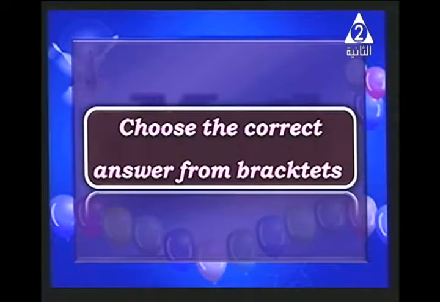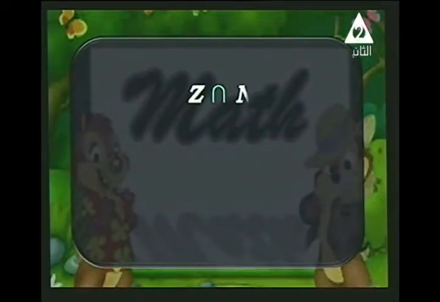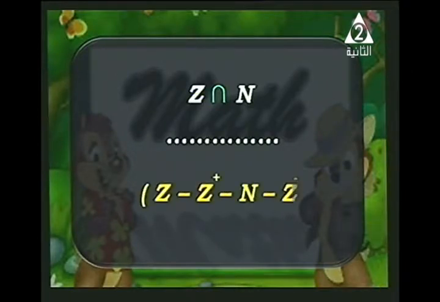Let us start with the first question, which is: choose the correct answer from brackets. The first example is Z intersection N equals. Is it Z, or Z positive, or N, or Z negative? Yes, that's correct.